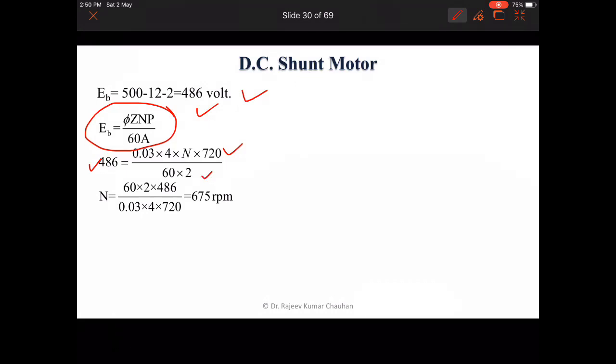So from here we get N is equal to 60 multiplied by 2 into 486 divided by 0.03 multiplied by 4 multiplied by 720. We get the speed of the motor as 675 rpm.